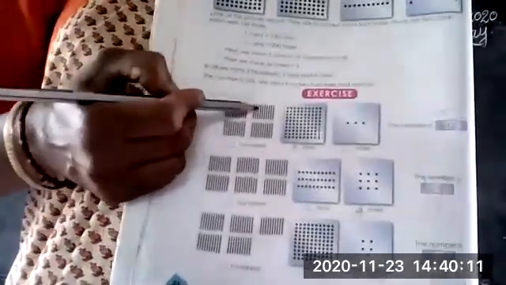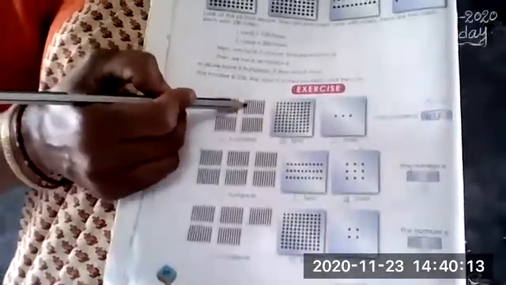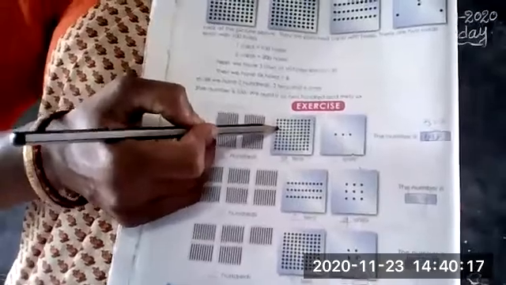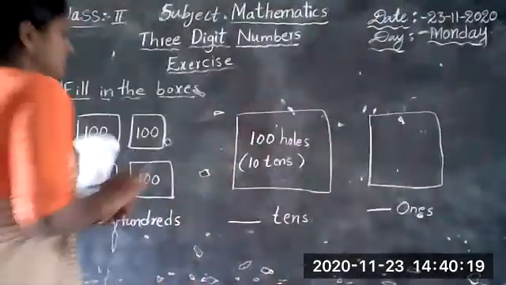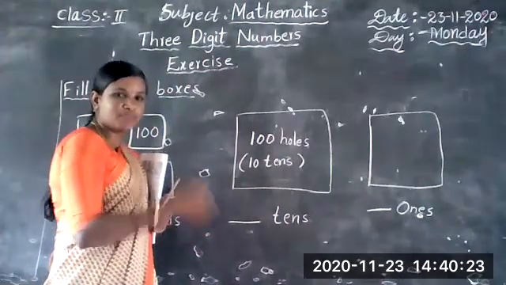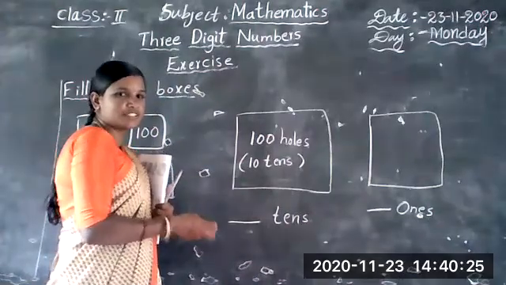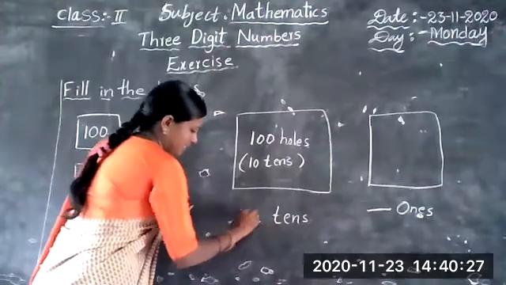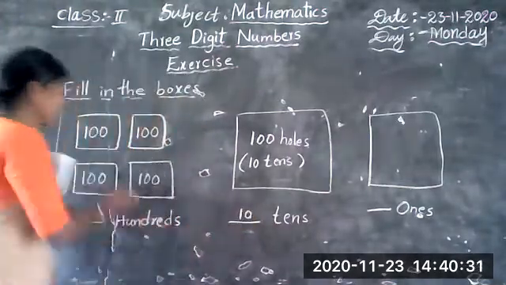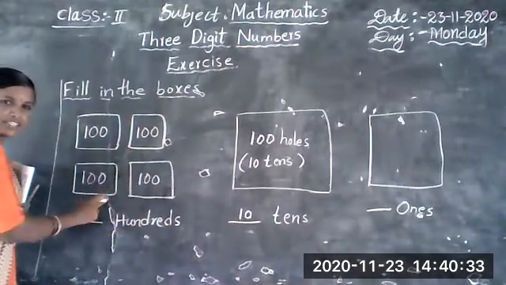And this is also like that. See, this card also has 100 holes. So we should write the tens place. How many tens are there? 10 tens. Yes. How many hundreds are there?